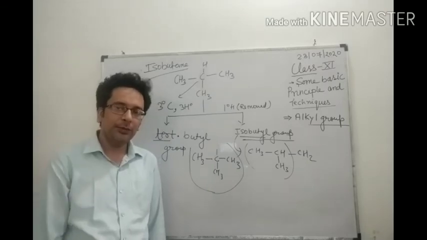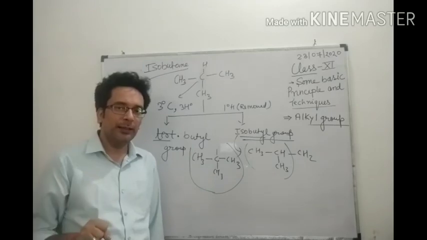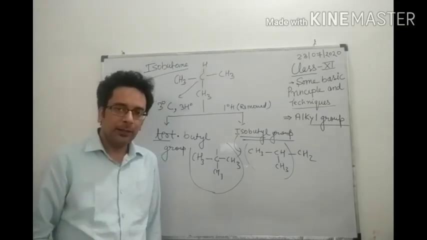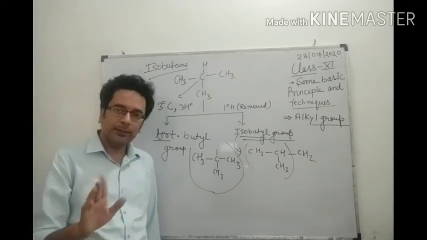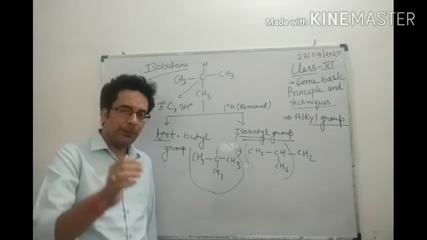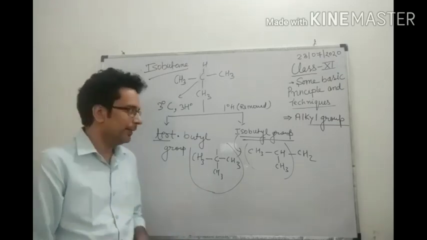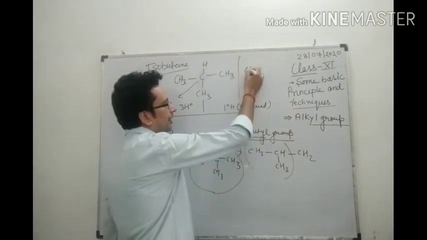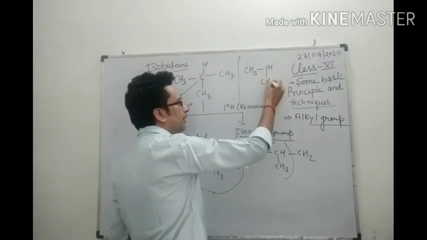So if I say draw the structure of isopropyl alcohol, how can you draw it? Now look here, isopropyl. Propyl means the group obtained from propane, and iso means one hydrogen is removed from the second carbon. So you place the OH group in that iso position. For example, look here, CH3, CH3.